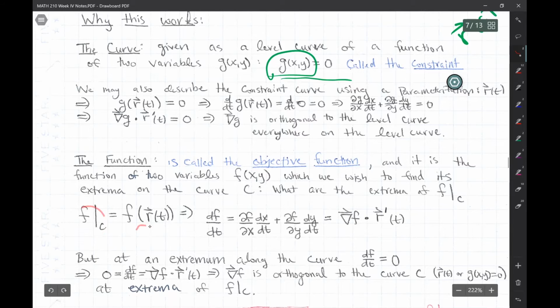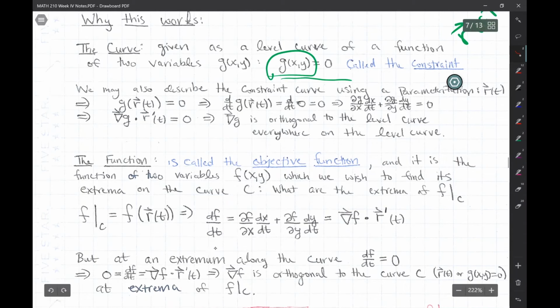So now we have a function of one variable. Once we plug in the parameterization, it's just a function of t. And we take the derivative with respect to t, and this is what we get, same as above, only we don't have that this is equal to 0 everywhere, right? Instead, we do know that for functions of one variable, at extrema, their derivative will be equal to 0, okay?